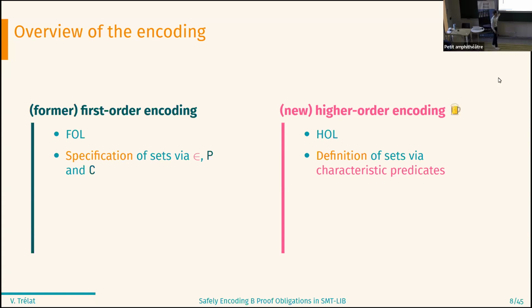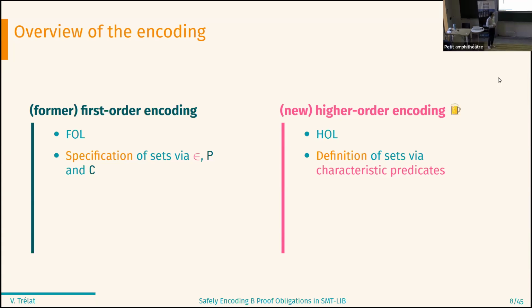In order to do this, we used an uninterpreted predicate membership, which was an axiomatized symbol, and two abstract sorts, P and C. P is unary, and it's meant to represent the power set, and C is binary and is meant to represent the Cartesian product. But it's only an intuition, and there are no axioms on these sorts.